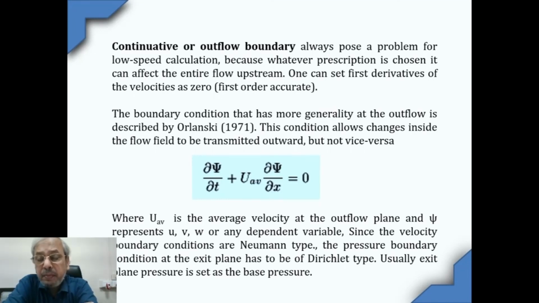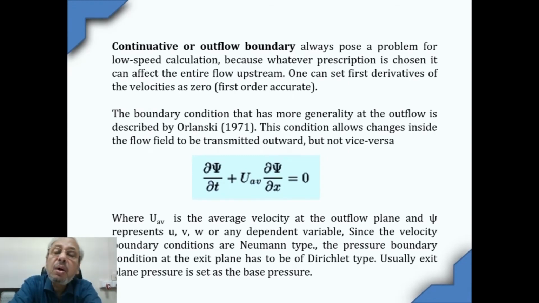These are not known, but since we are solving a problem which is elliptic in space and parabolic in time, we have to prescribe boundary conditions for all confining surfaces. Out of this compulsion, we have to set up some functions at the outflow plane which depict correct flow physics.